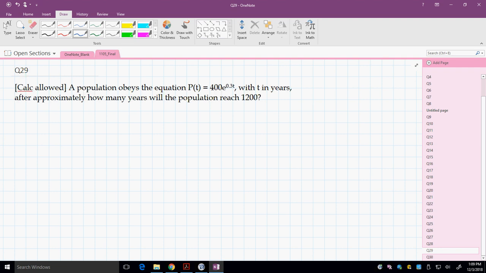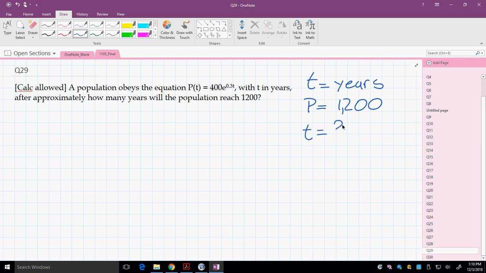Question 29. A population obeys the equation P of t equals 400e raised to the 0.3t, with t in years. It's important to keep our information: t is going to be in years. How many years will it take the population to reach 1,200? So we're looking for how long it's going to take, in which year the population is going to reach 1,200.